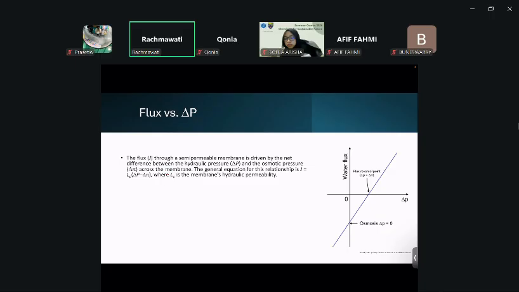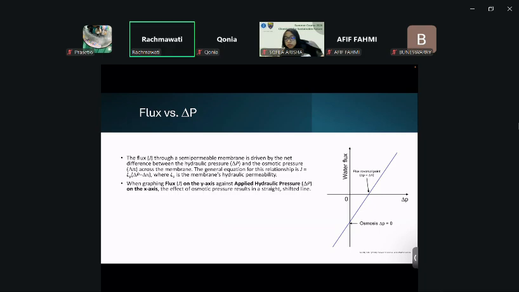So the general equation for this relationship is that the flux is equal to the membrane's hydraulic permeability times the difference between the hydraulic pressure and the osmotic pressure.